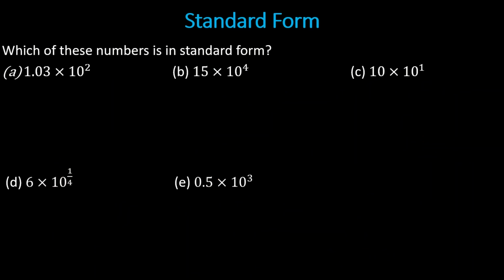And now let us see whether you have understood standard form. If I tell you which of these numbers is in standard form, part A, is this in standard form? How do we check? Simply we check the first number.